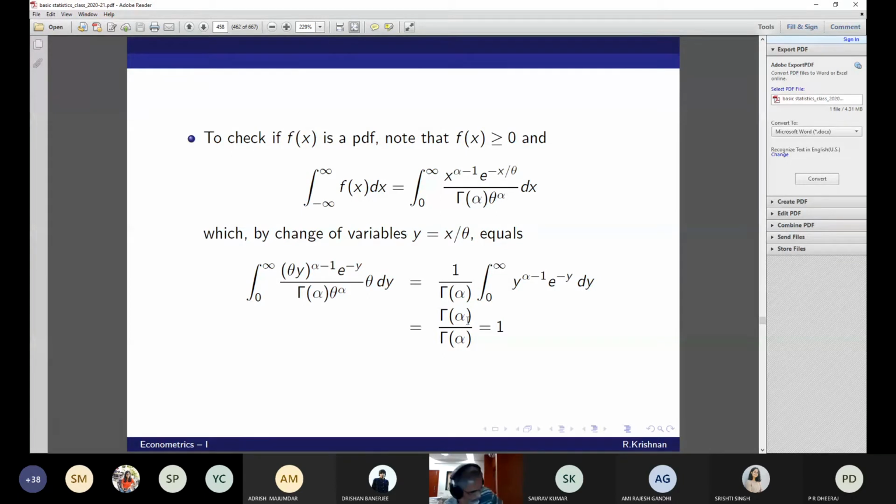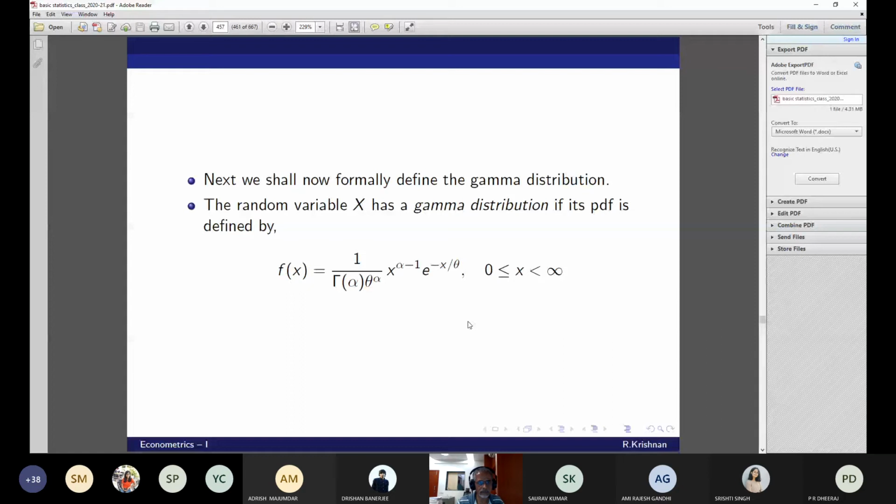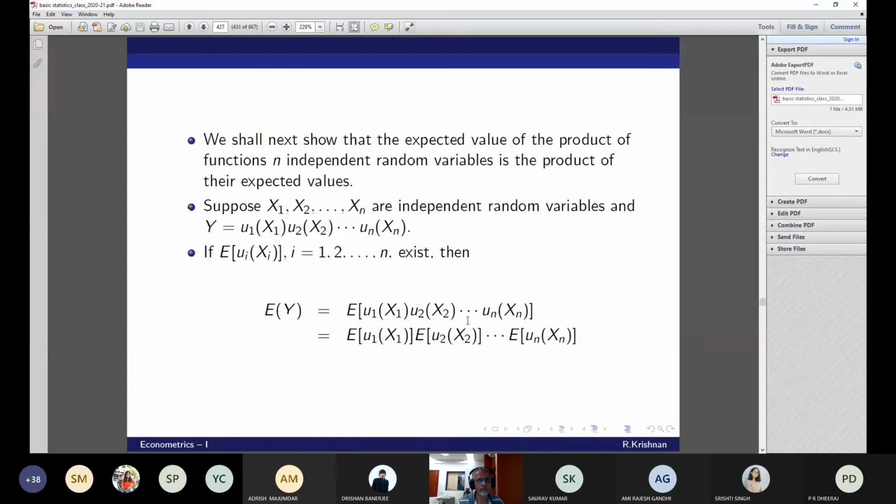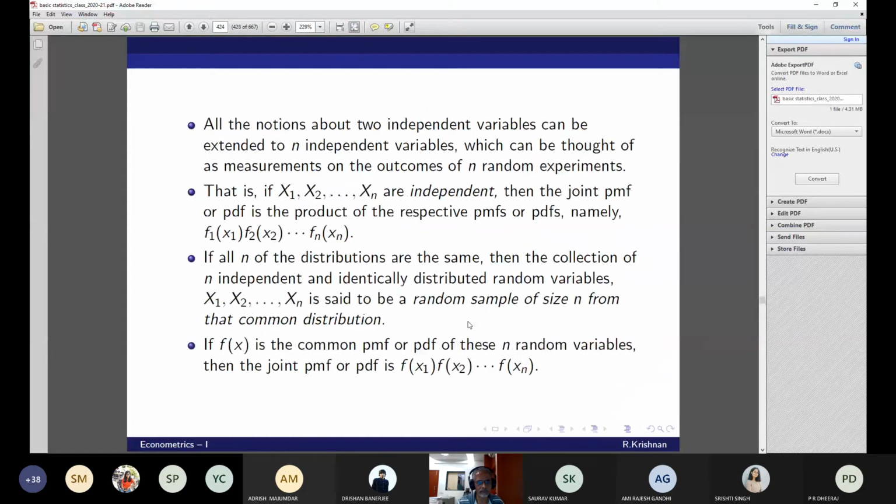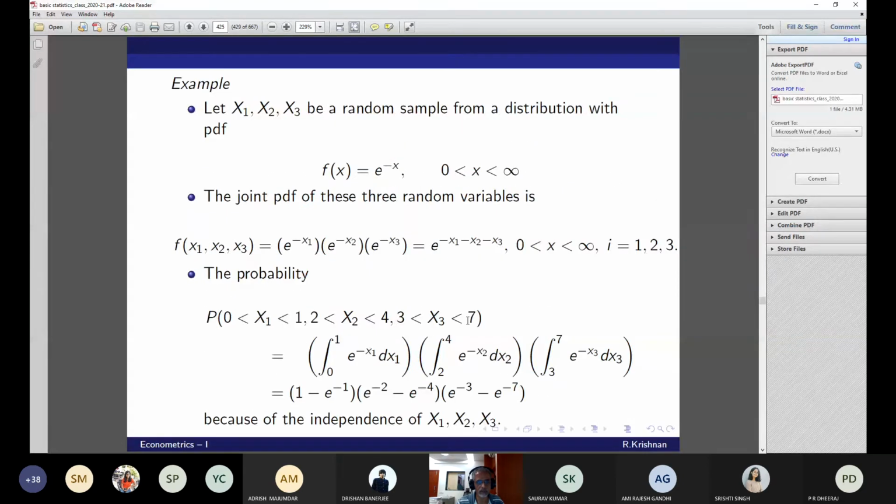Can I go back? Oh, I missed this slide. Just hold on a minute. Okay, before we proceed, I missed this slide. Can you understand this example?